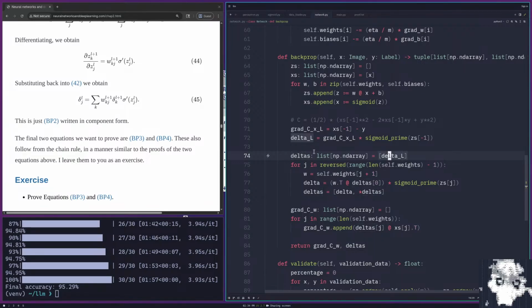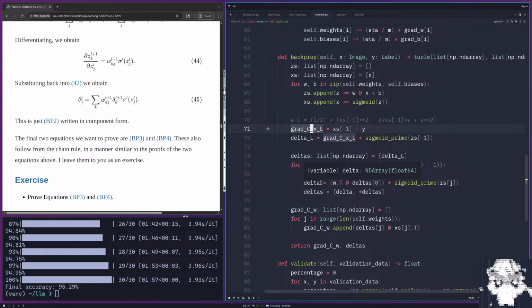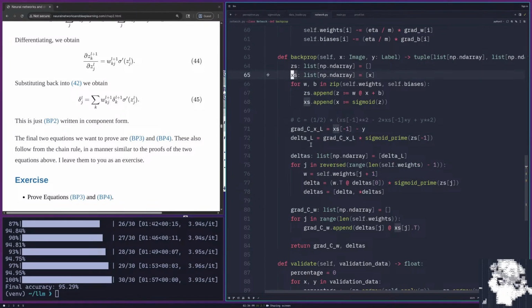In order to calculate the last delta, I needed the last derivative of c with respect to x, which is with respect to a in the math version. Should I just call these A? I think I should just call these, oh, I can't say AS.